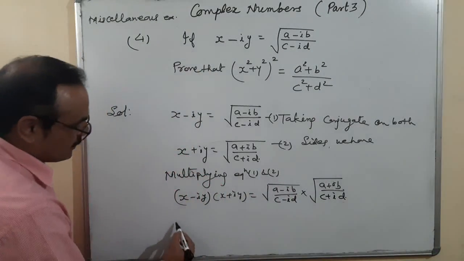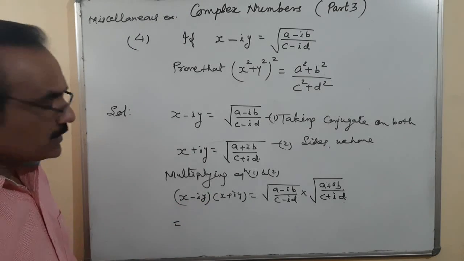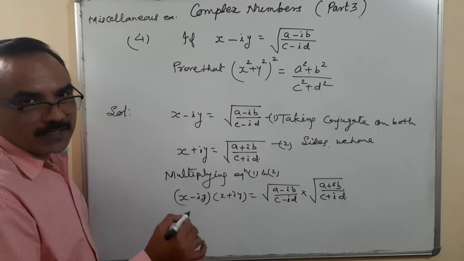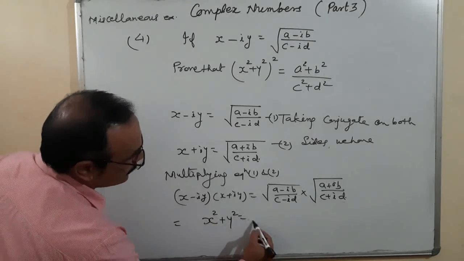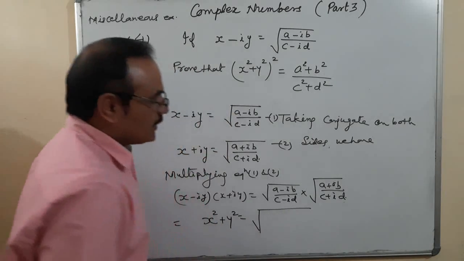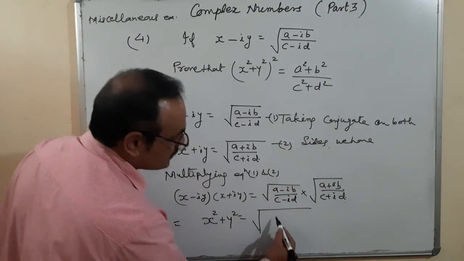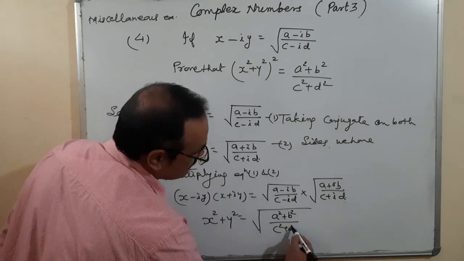After multiplication, what happens? It is x square plus y square, because minus i multiplied by i is i square, minus 1, so it becomes plus. x square plus y square is equal to under root of the multiplication of a minus ib and a plus ib, a square plus b square, upon c square plus d square.